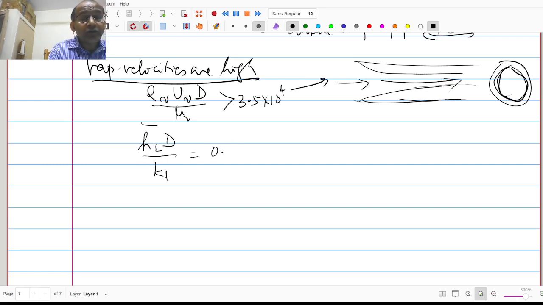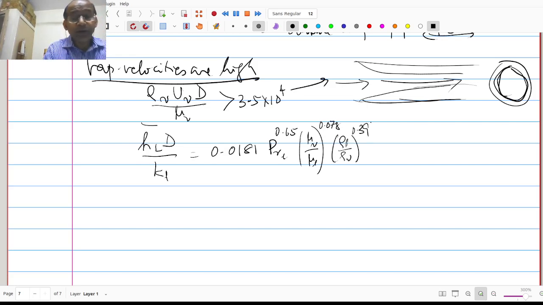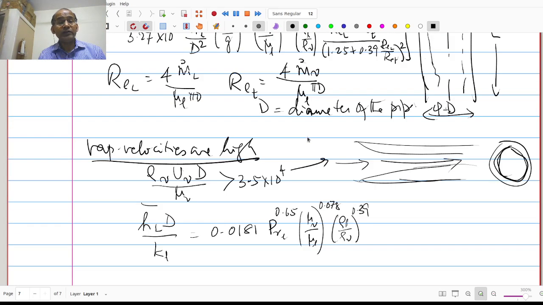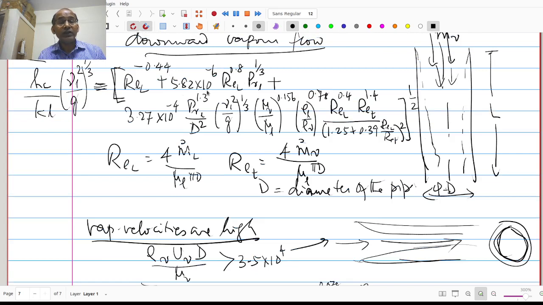That will be equal to 0.0181 times Prandtl to the power of 0.65 and mu_V by mu_L raised to the power of 0.078 and rho_L by rho_V raised to the power of 0.39 multiplied by, so basically all the other terms are getting dropped off, and this one is getting simplified to this form.